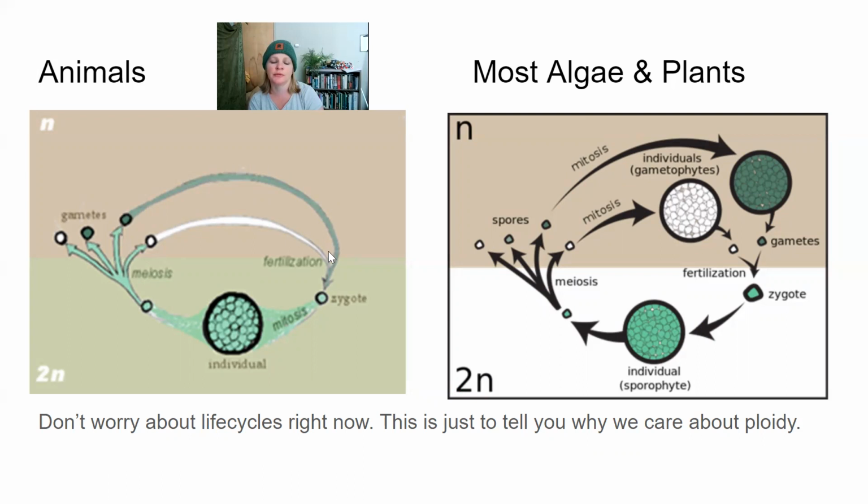Then when sperm and egg come together to form a zygote through fertilization, we're back to being diploid, because we get one set of chromosomes from the sperm and one set from the egg. Now we're diploid again. Plants and algae do this weird thing where they have a multicellular diploid individual and multicellular haploid individuals. Worry about that when you get to 182, but I just wanted to give you the context of why we're talking about ploidy.